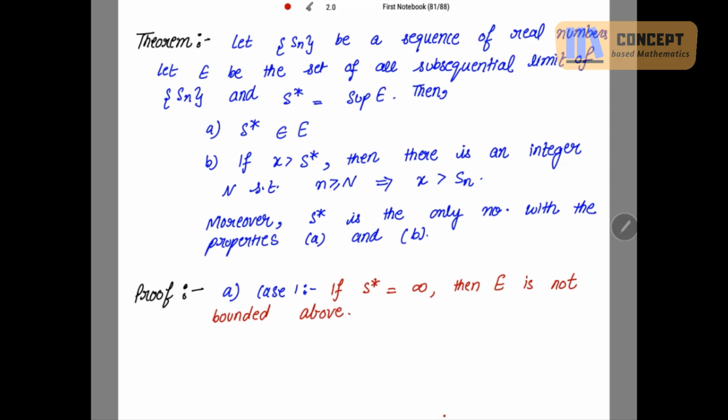Clear? If E is not bounded above, that means the sequence is not bounded above, because E is the set of subsequential limits of Sn. If the set of limits itself is not bounded above, then the given sequence is also not bounded above.